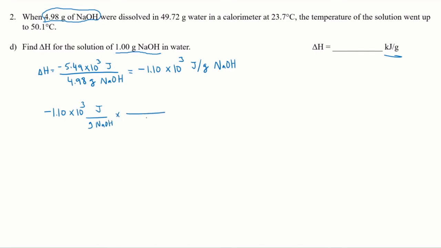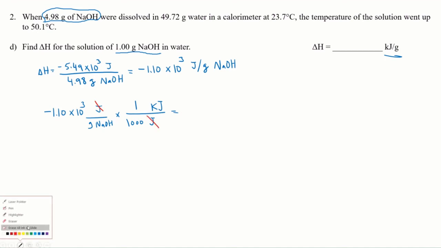I want to cancel joules, so I will put joules on the bottom. I want kilojoules, so I'll put kilojoules on top. 1 kilojoule is 1,000 joules. And now we can see that the unit joules cancels.